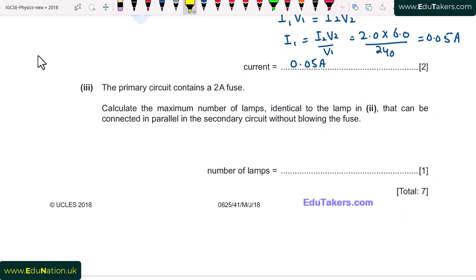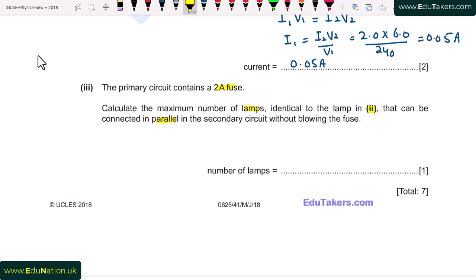Part 3. The primary circuit contains a 2 ampere fuse. Calculate the maximum number of lamps identical to the lamp in part 2 that can be connected in parallel in the secondary circuit without blowing the fuse. So first of all, we have to find out the maximum number of lamps.